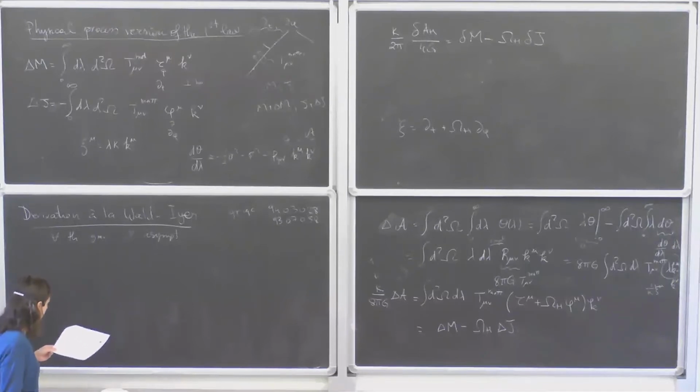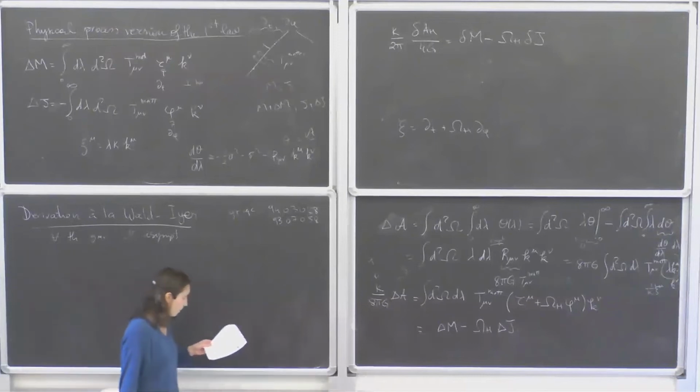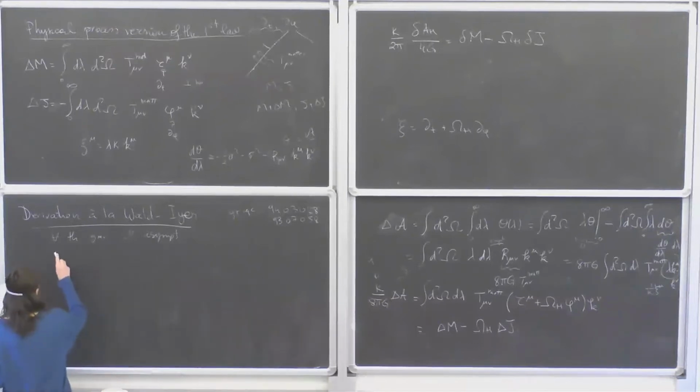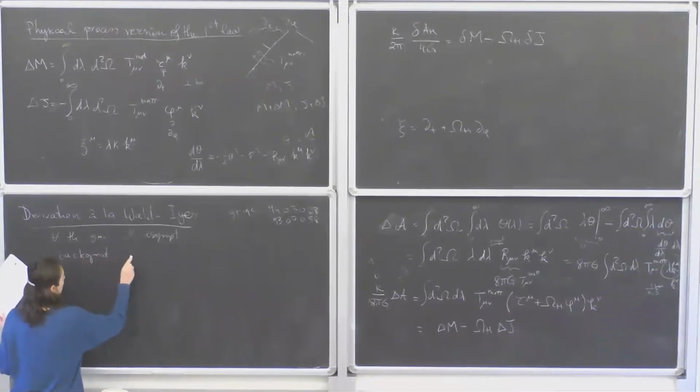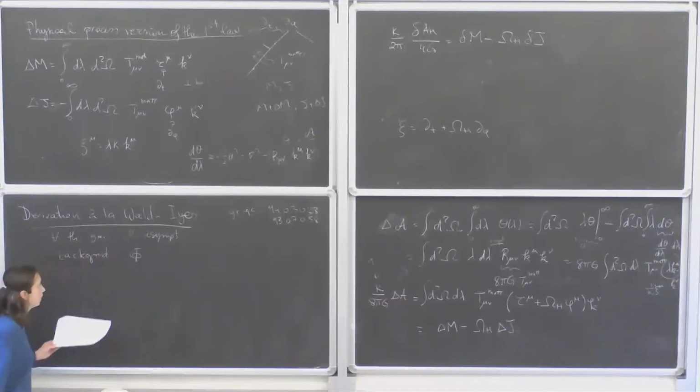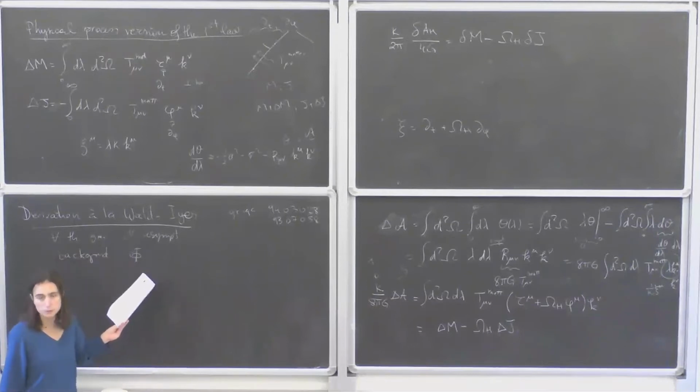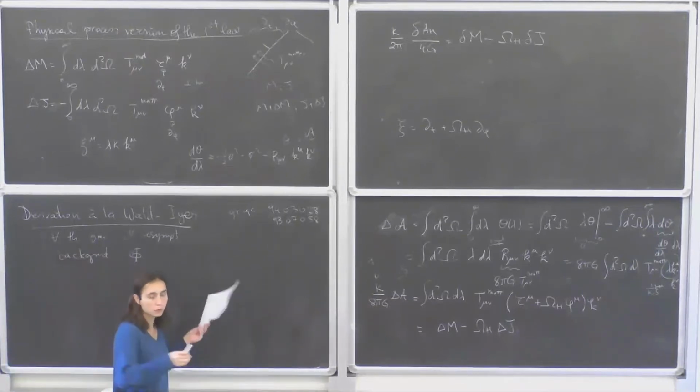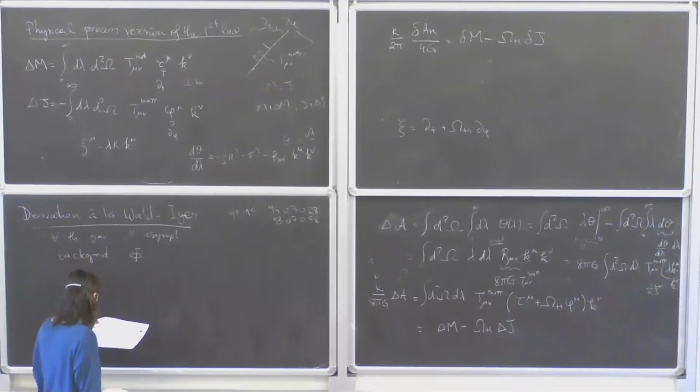And you want to start with the stationary black hole background, which I'm going to call phi. So phi is basically the metric, but you can have other fields.